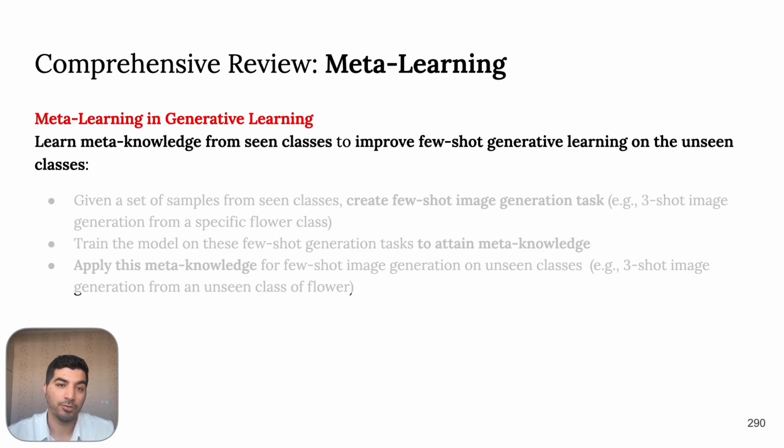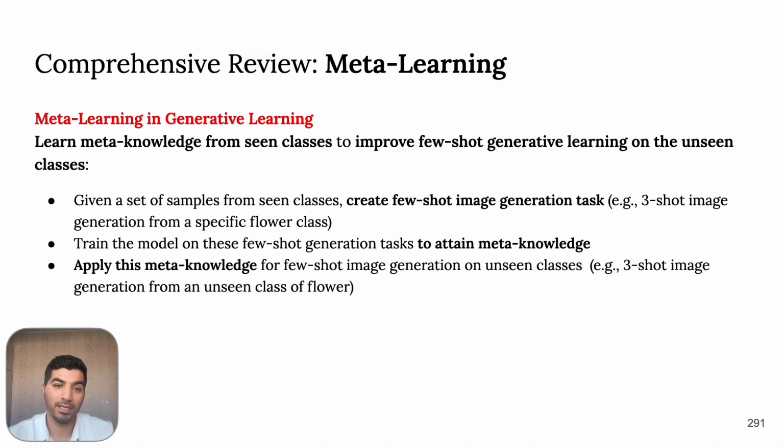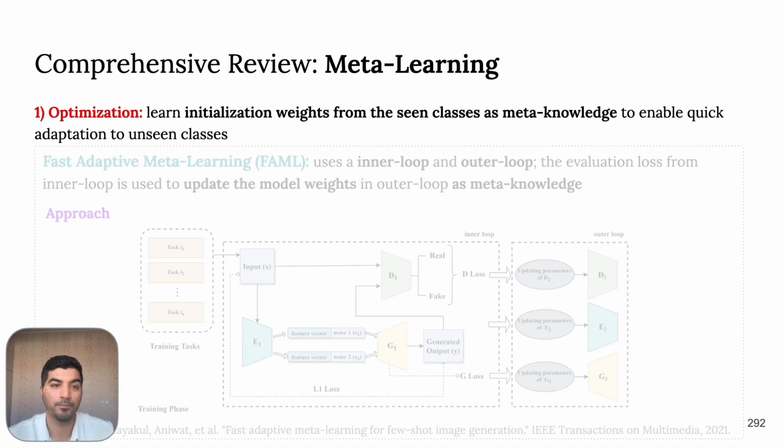So they try to learn meta knowledge from seen classes to improve few-shot generative learning on the unseen classes. Given a set of samples from seen classes, we create few-shot image generation tasks, and then we train the model on these few-shot generation tasks to get the meta knowledge. And then for the unseen classes, we will apply this meta knowledge for few-shot image generation.